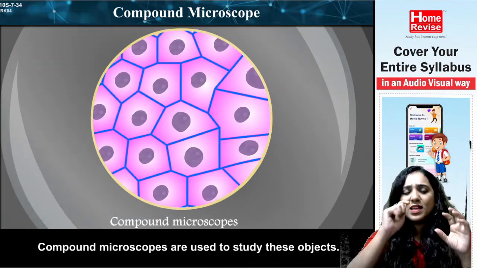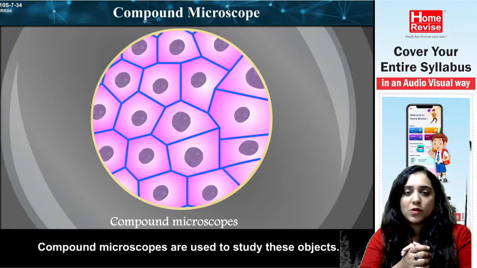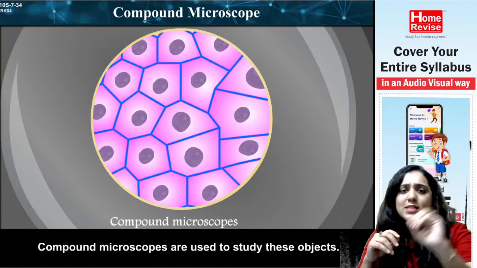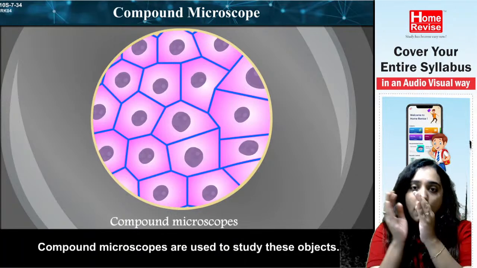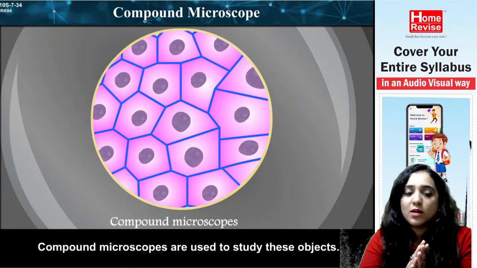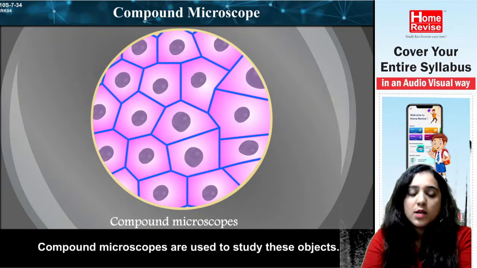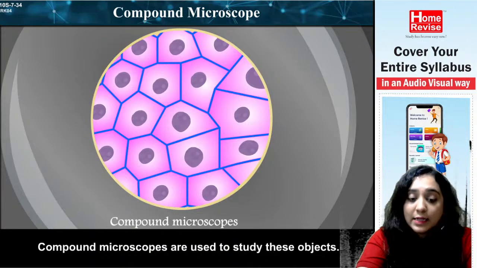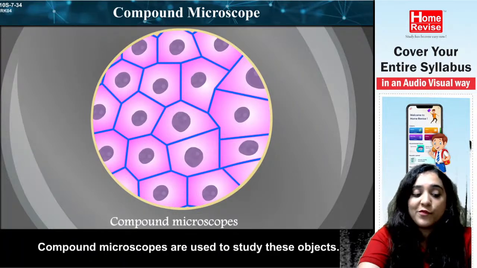Just by using a magnifying glass or a simple microscope, it is not at all possible for you to understand bacteria, because the size of bacteria is very small. So at that time a single microscope can't work. So basically, we have to use the compound microscope for studying or viewing this kind of objects.